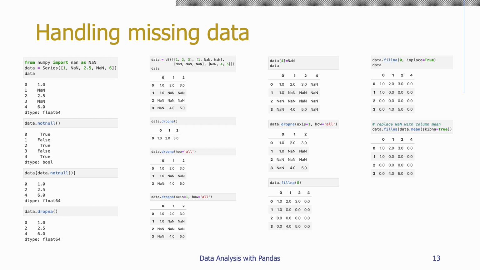We can assign 0 for the None values as in the example, so if you see data.fillna(0). And then we can also feed the fillna method with inplace equal to True, and also we can replace None values with the mean of the column as in the example on the very right hand side on the bottom.